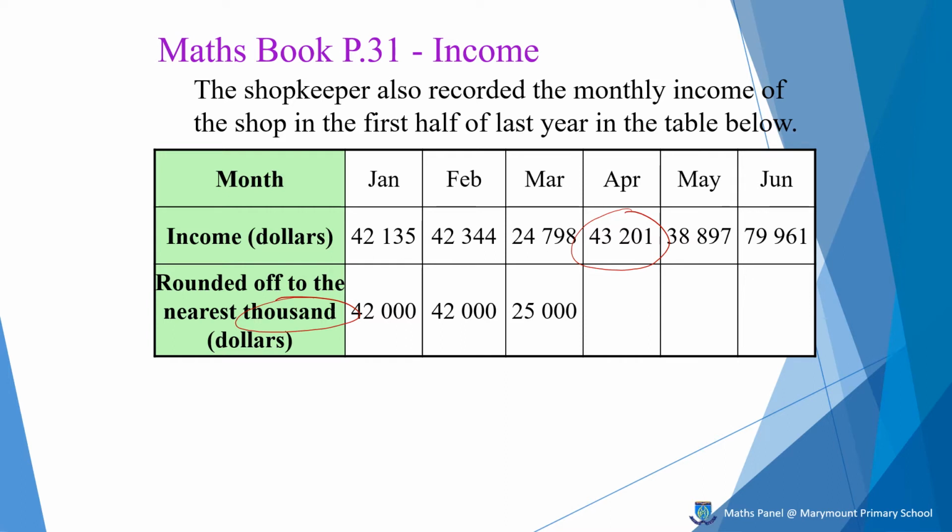For the thousands place, that is 3. Then we look at the digit at the right hand side. If this is smaller than 5, that means remain unchanged. That is 43000.